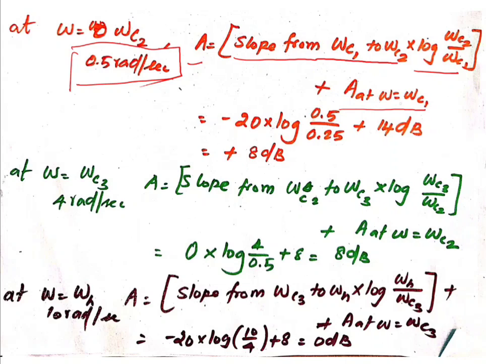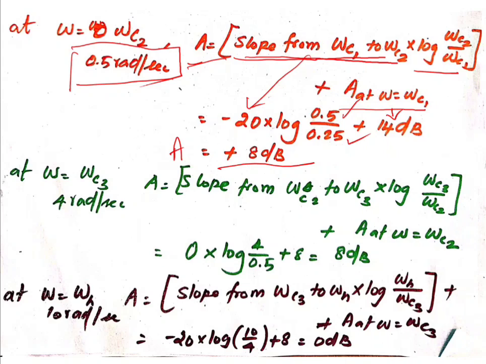The gain at omega c1 is 14 dB, and the slope from omega c1 to c2 is minus 20 dB, into log of omega c2, which is 0.5, by omega c1, which is 0.25. Now we use a calculator to find the value of the log, and when we substitute, we get the gain A is equal to plus 8 dB.